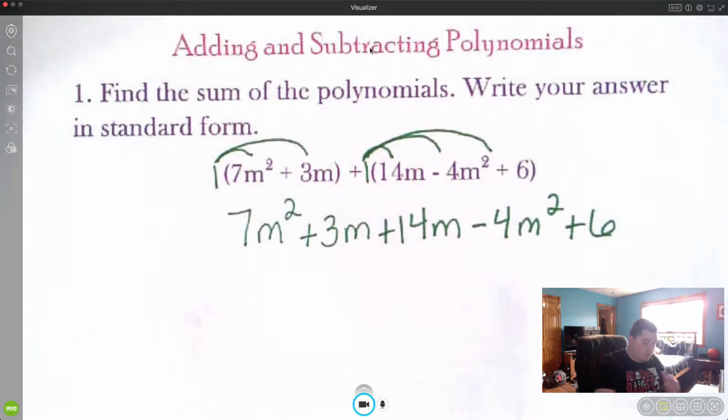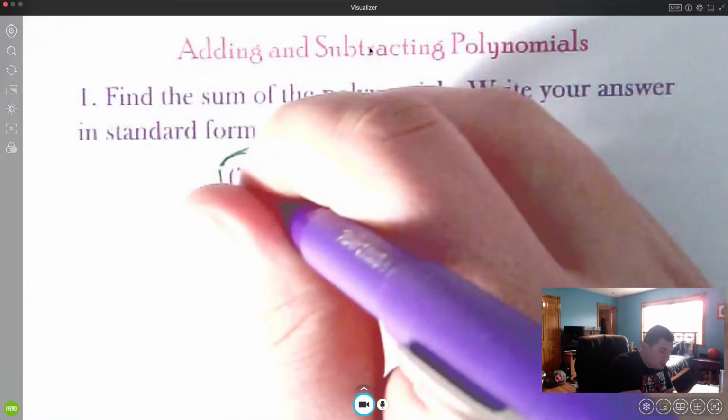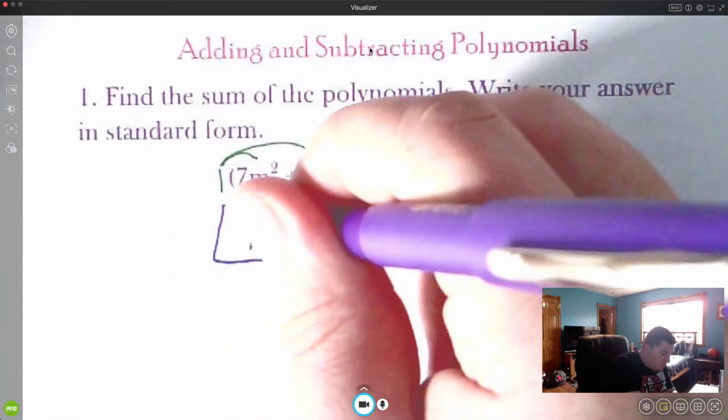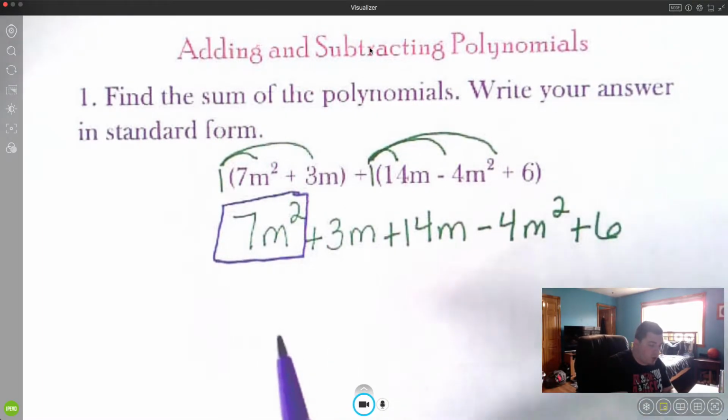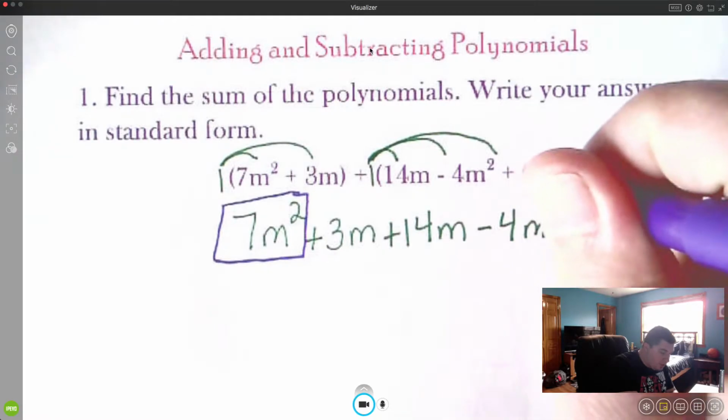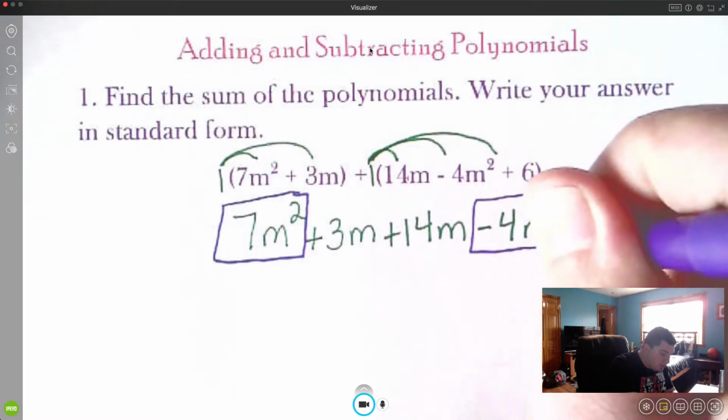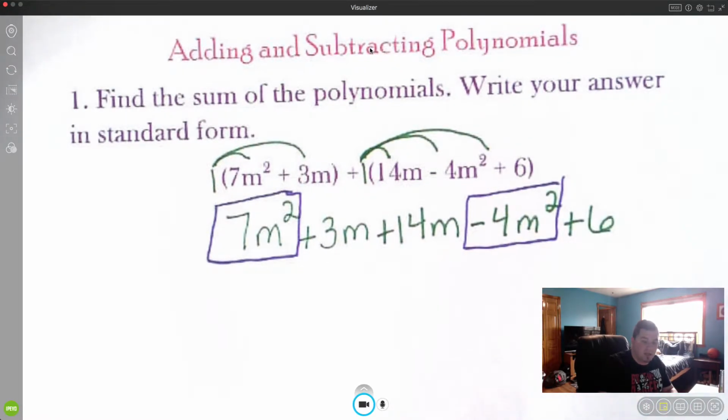So what I do from here is I start highlighting, either with colors, symbols, underline, whatever I can use in order to make sure I combine the right like terms. For example, I would put a square or a rectangle or a box around 7m squared. I'm now going to go through all of the problem and look for any other m squareds, which is this negative 4m squared.